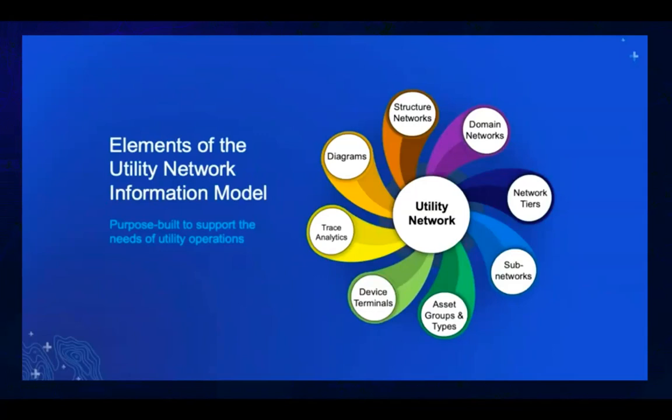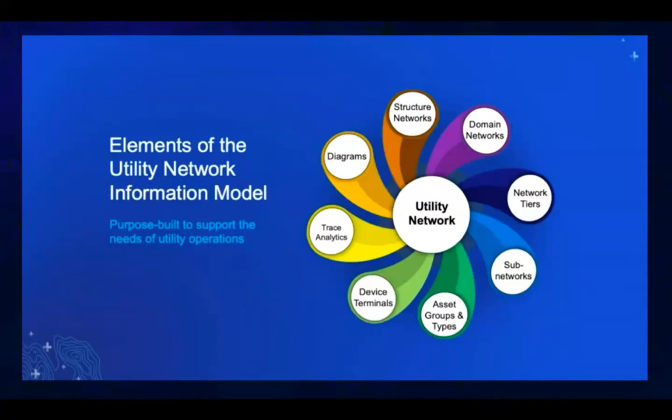Domain network itself now refers to that specific domain that you are working in. And so the beauty of utility network is that it can be leveraged for an electric company, it can be leveraged for a water company, it can be leveraged for a telecom organization, even stormwater, wastewater, cooling systems, anything that has an extensive network can be used.